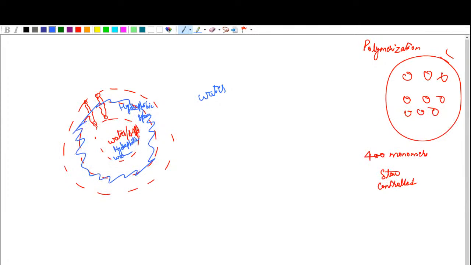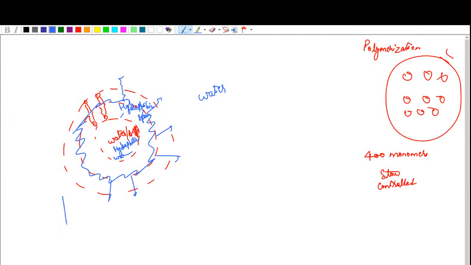Similarly, if you have a hydrophilic drug, you can put it here, and because there are all these hydrophobic domains here, the drug will remain entrapped. Slowly, some of the drug, depending on the solubility in water, will start to come out over time. So you get a very sustained release system, which will release the drug over a period of maybe a few hours to days, depending on what your system is. And that is in a nutshell what is used.